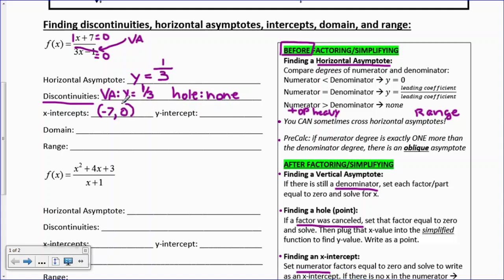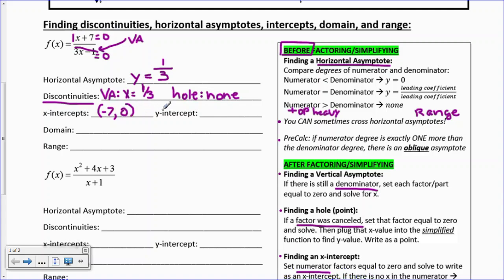Remember, an x-intercept always has a 0 as the y value. You just have to find out what the x is, and then you automatically know that's a 0. When you solve for x, you subtract the 7 over. That's why it's -7. So set the numerator equal to 0 and solve, and write it as an x-intercept, and you've got it.